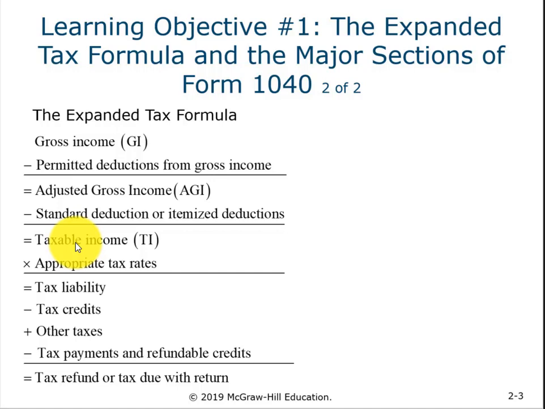So let me just give you an example of how AGI is even more important than we might think in terms of the process. So, for instance, if the tax law allows a deduction from gross income, let's say our gross income is $100,000, and we have permitted deductions from gross income that are $20,000, that would make our AGI $80,000. Now, there are tax credits, especially, and even other deductions that are affected by how much adjusted gross income you have.